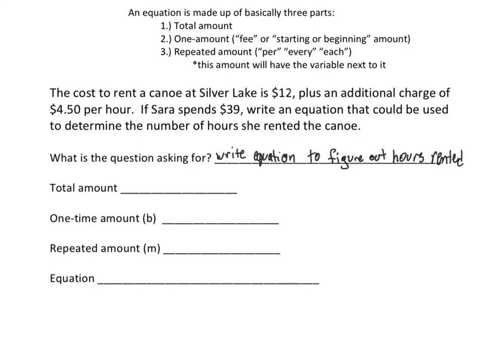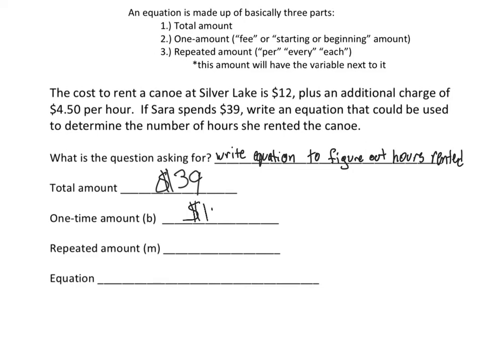So the total amount, as we see, if Sarah spends $39, so that is our total. The one-time fee, or the beginning fee, the starting, here would be the $12, because that is how much the cost of the canoe is to rent.